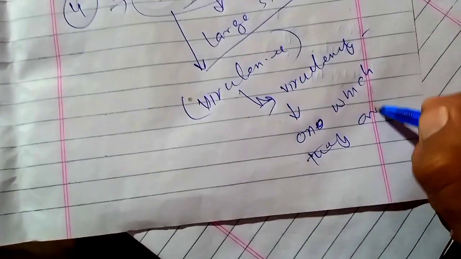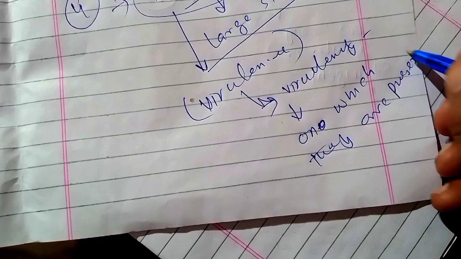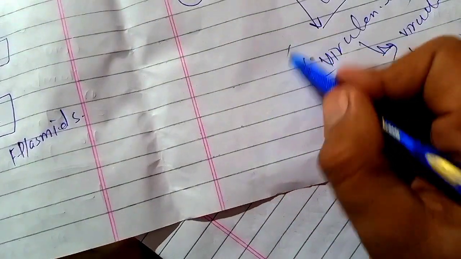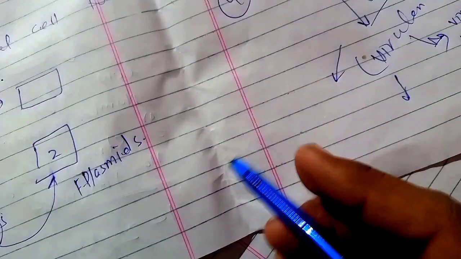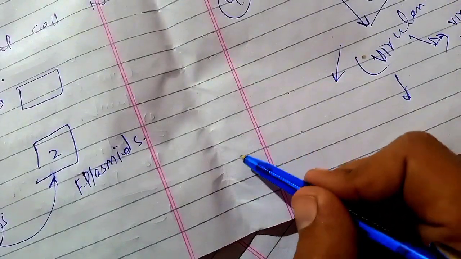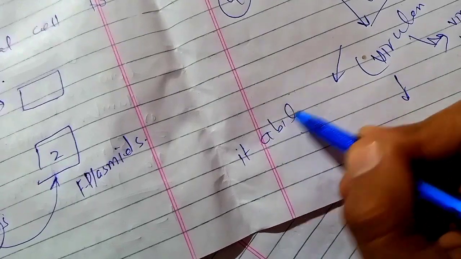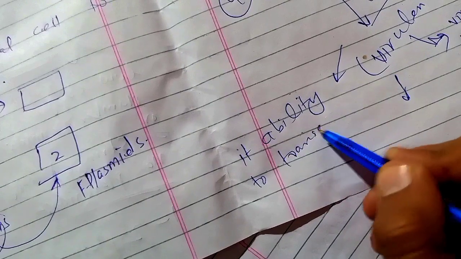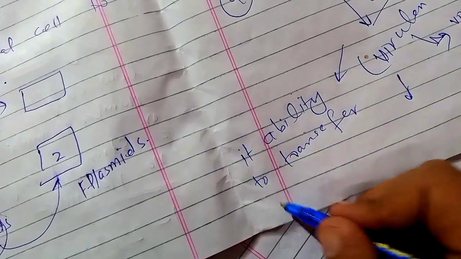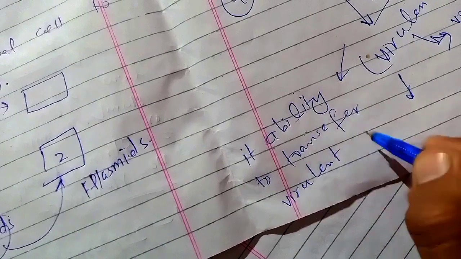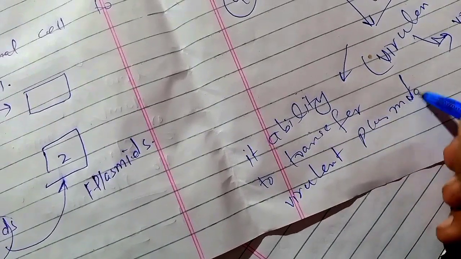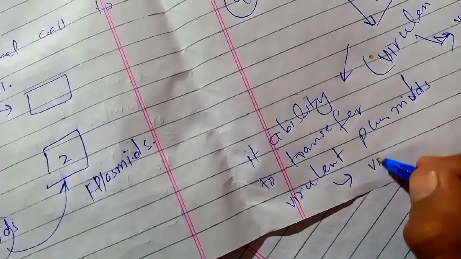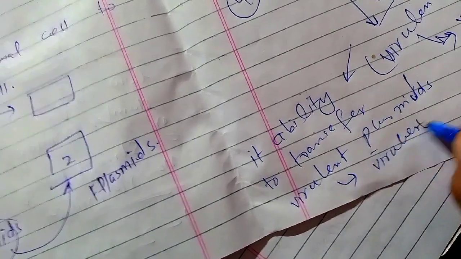The second ability is the same as that of all the previous types: the ability to transfer the virulence plasmid from one cell to a cell in which no virulence plasmid is present.